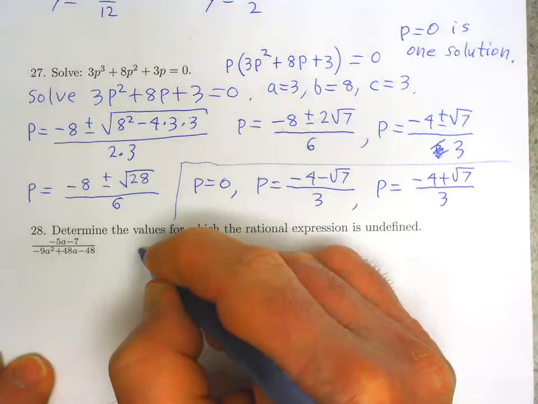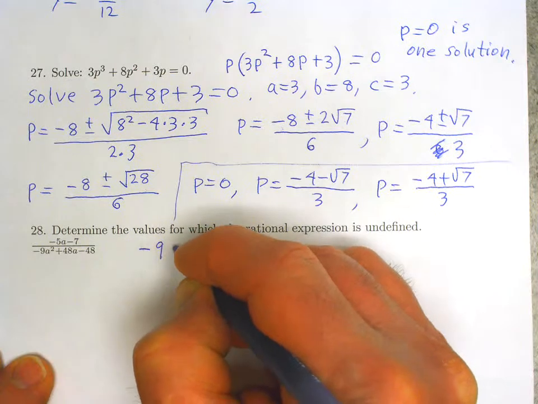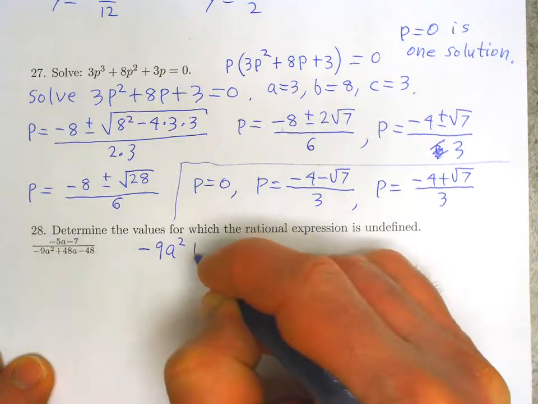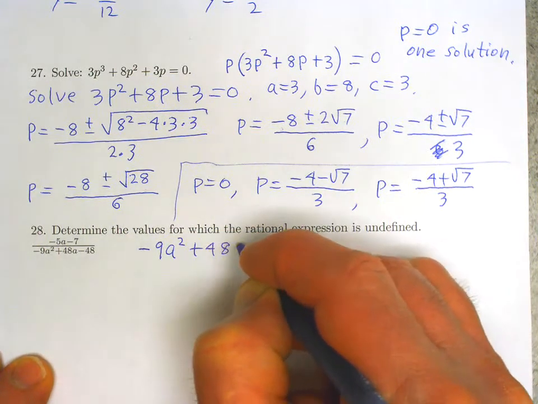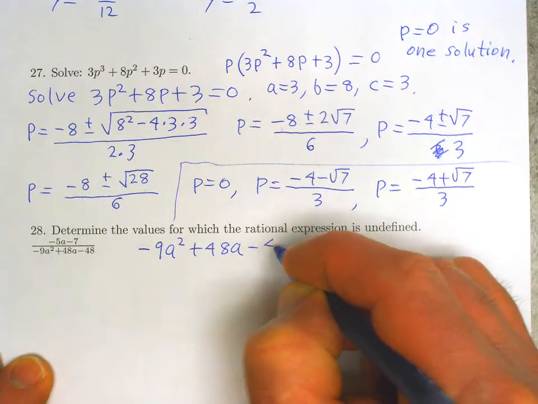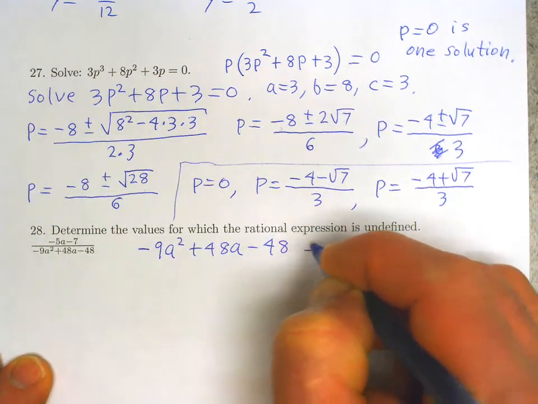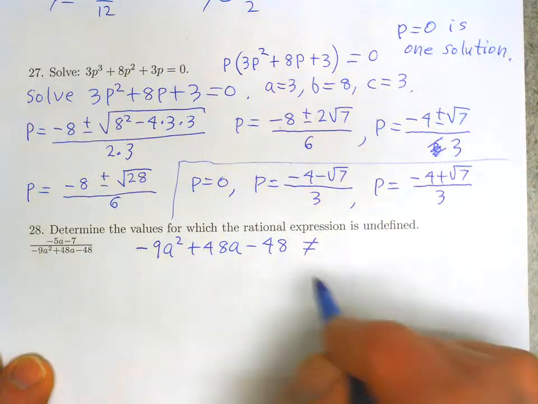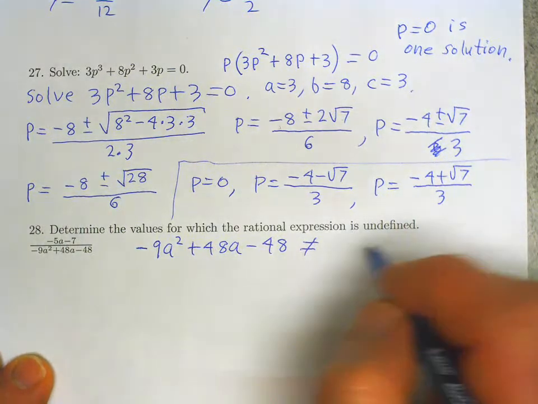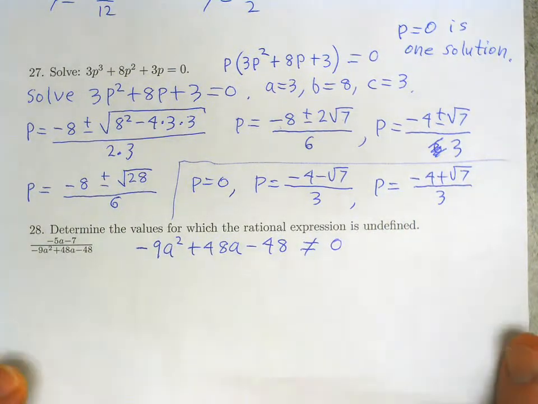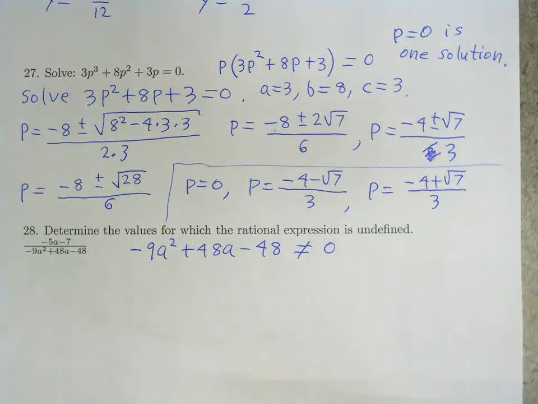So we'll focus on the denominator, negative 9a to the second plus 48a minus 48. Well, we say that the denominator can't be 0, so I'll say that that's not equal to 0. So this is just a quadratic expression.